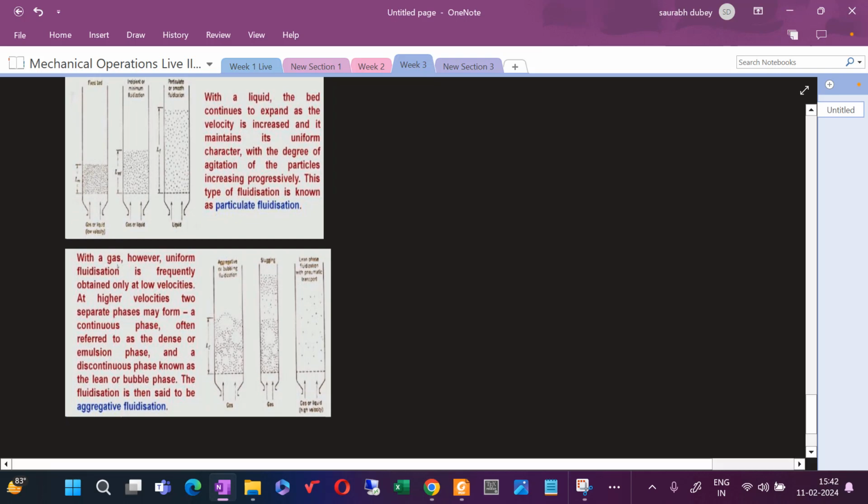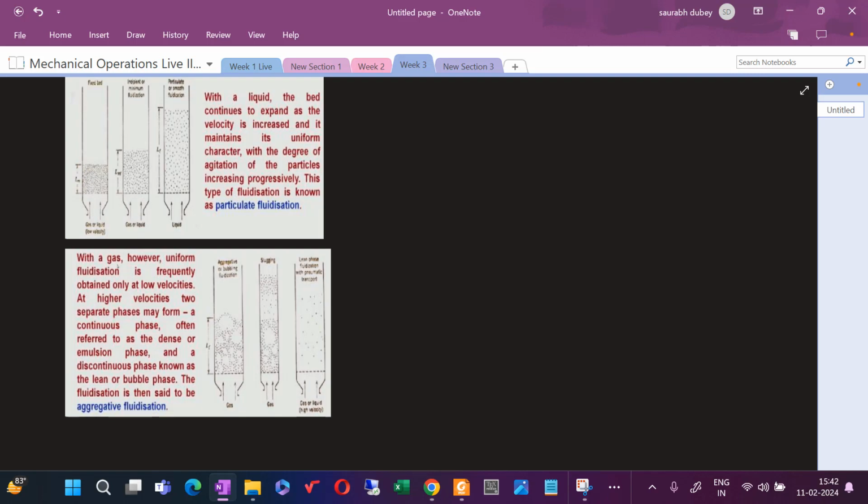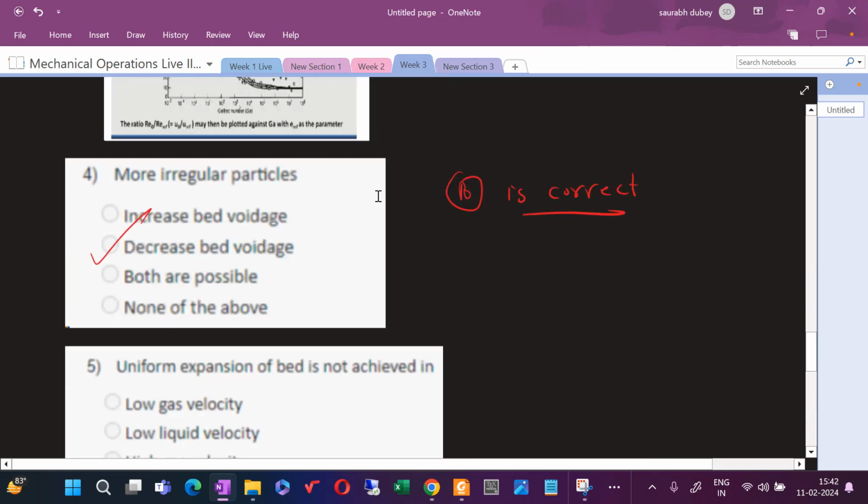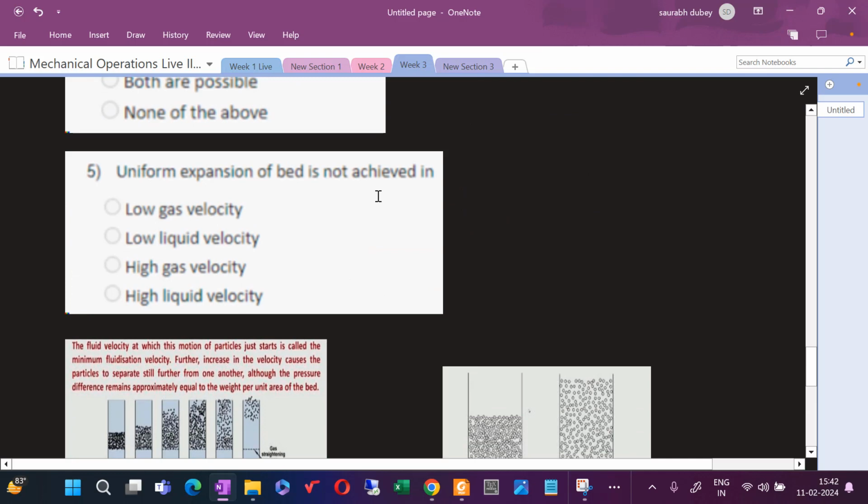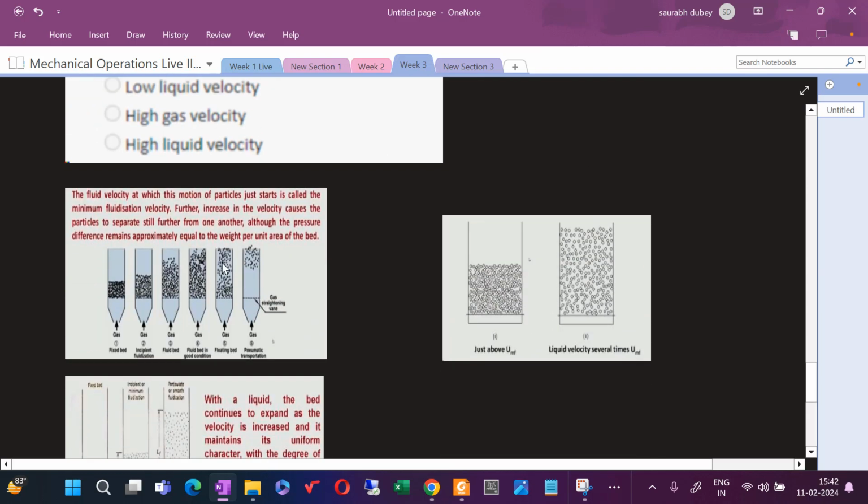Okay, so this particular thing is like uniform expansion in the bed is not achieved. These are not uniform expansion, you see. This one is uniform expansion, but this is not. This one is uniform, and this is not uniform.